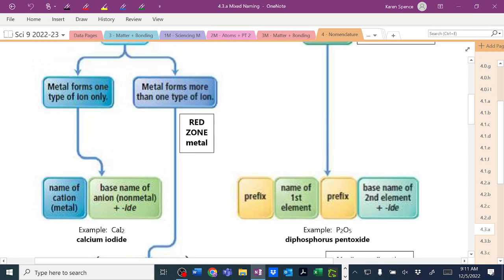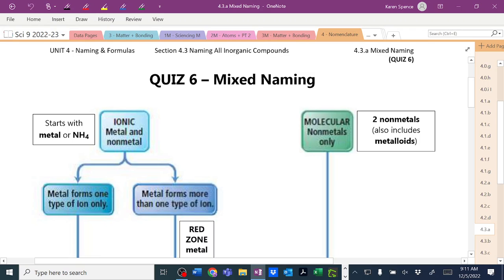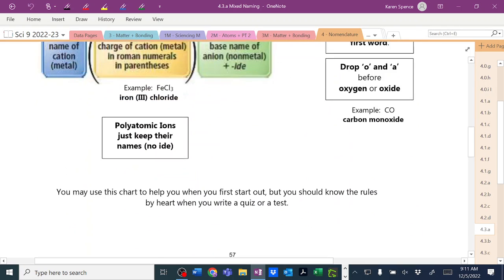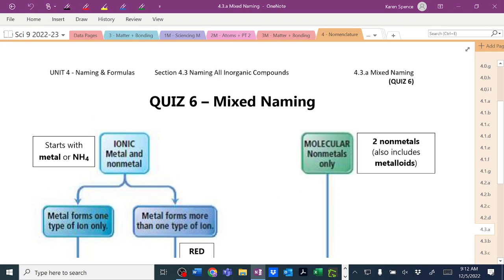All right, so today we're going to talk about mixed naming, which will be a little bit of a review of all the other different kinds of naming. This is for quiz 6, and this is on page 57.